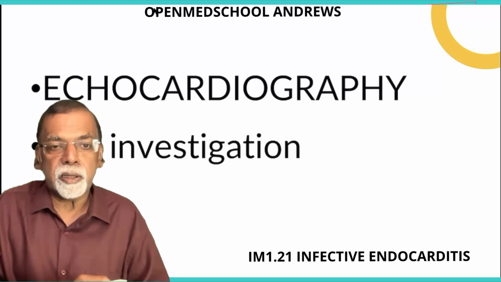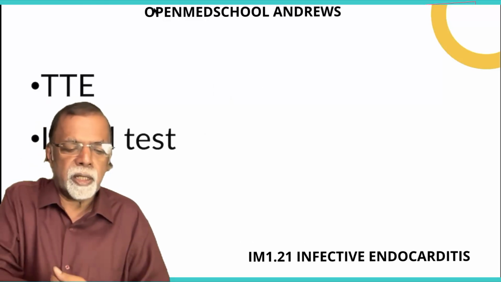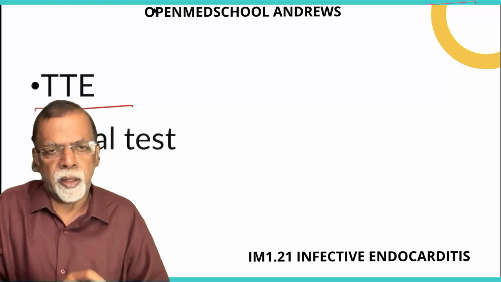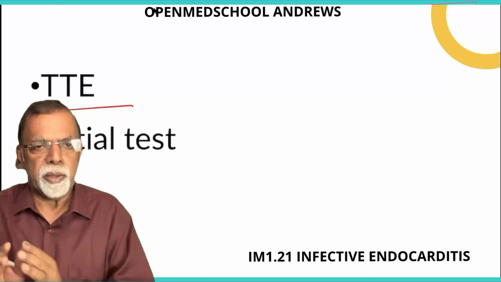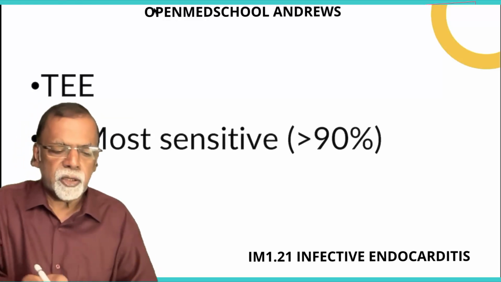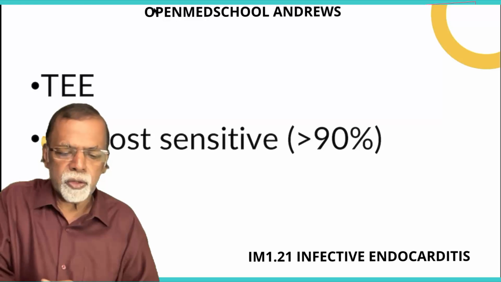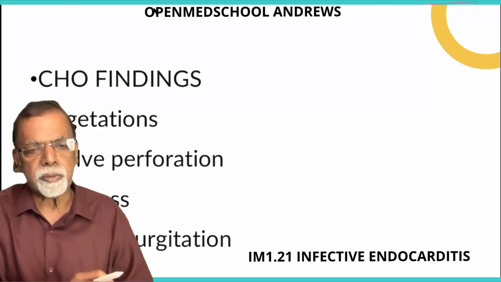Then echocardiography is the key investigation. The initial test is transthoracic echocardiography. In order to exclude, transesophageal should be done, so usually you go for it after an initial test. Transesophageal echocardiography is the most sensitive, TEE more than 90%.